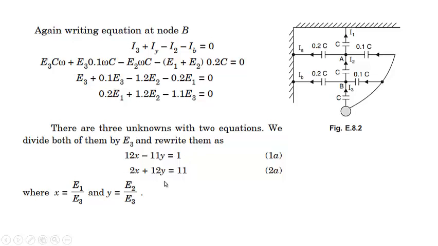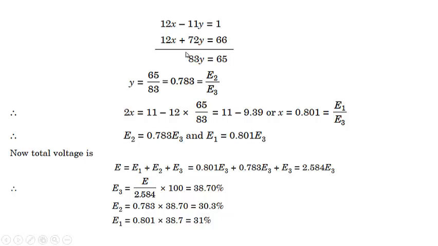After that, it is very simple to calculate for X and Y. After solving, Y comes out to be 65 by 83, that is 0.783, that is E2 by E3, and X is equal to 0.801, that is E1 by E3. So E2 is equal to 0.783 E3, and E1 is equal to 0.801 E3.